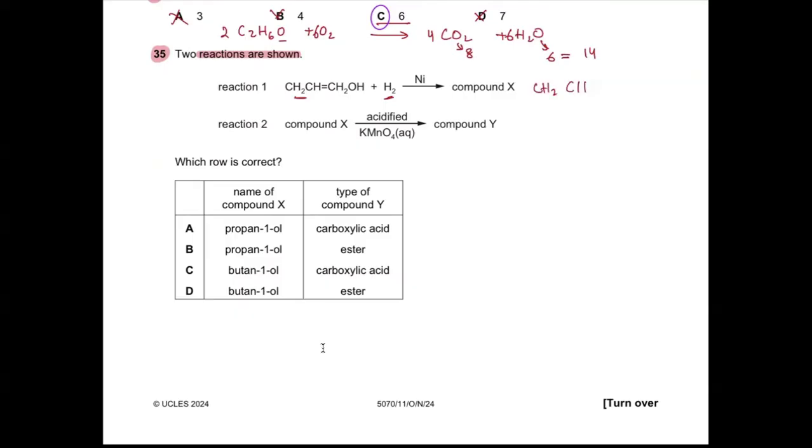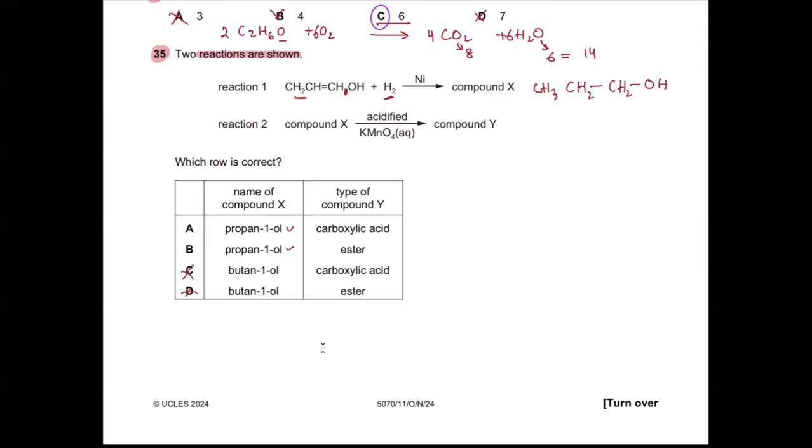Actually, it's CH3, not CH2. It would be like this: CH, then it turns into a single bond. You get one hydrogen over here, one hydrogen over here, and OH is already there. So you will get propan-1-ol.